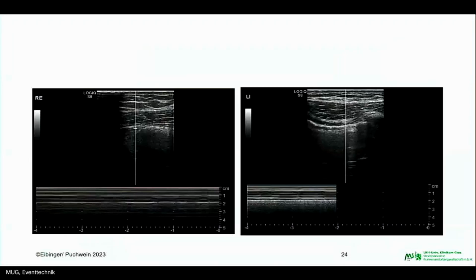So if we go to this image now, this was the right side, and this the left side. If you take a look at the motion mode from the ultrasound, you see here the so-called barcode sign, which is a sign for a pneumothorax because you have no movement of the pleura. And here you have the healthy side.